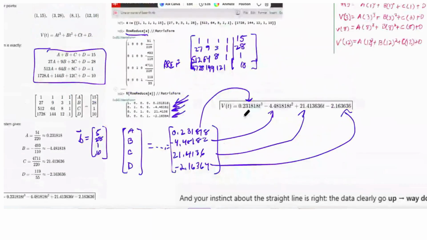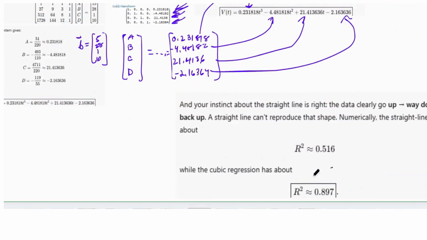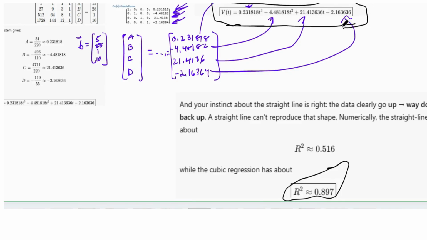I don't know how AI would do that part of it. I did the rest of it, but notice their R squared value, with more decimal places, is a tad different. But pretty close. These functions are going to be pretty close to one another.